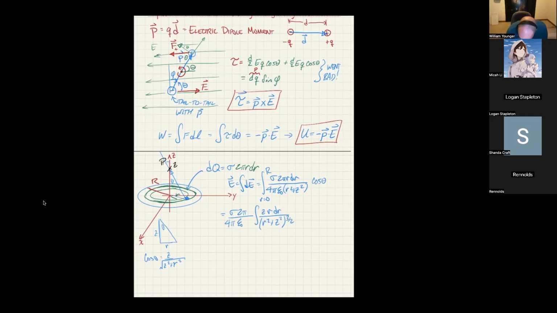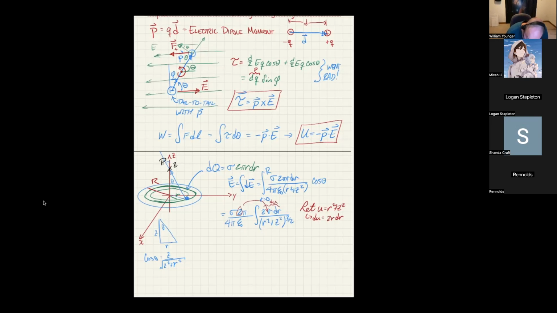All I've got to do is let u equal r squared plus z squared. Then du is equal to 2r dr. So we've got that. I can go ahead and take this 2 and put it there, and then this would make just du.